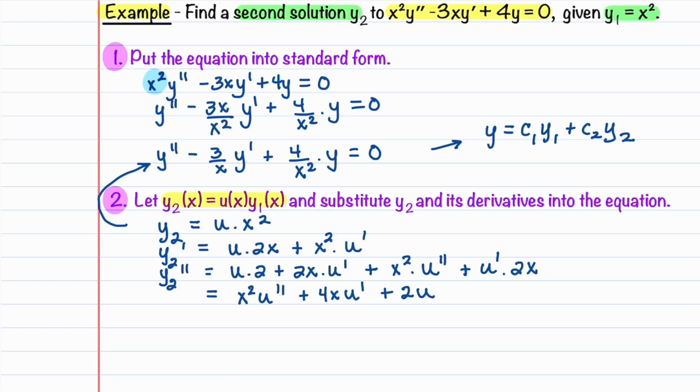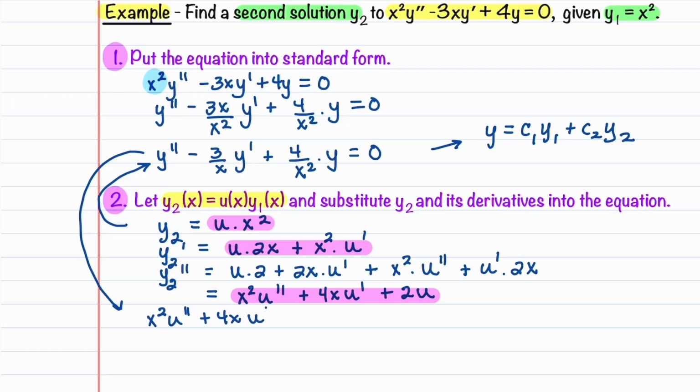Let me highlight these because these are the ones that we are going to be substituting back into our equation. Now we can do that. This equation is now x squared u double prime plus 4x u prime plus 2u minus 3 over x times y2 prime, which is 2xu plus x squared u prime. A lot of algebra here.